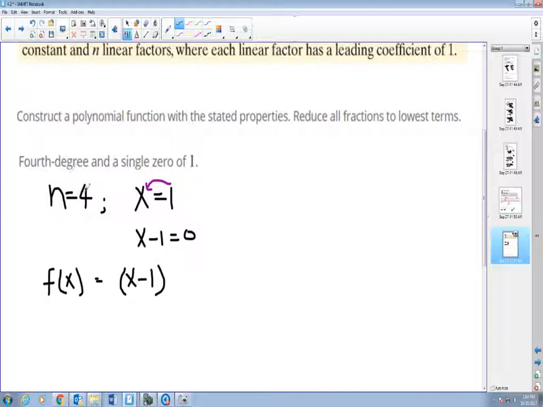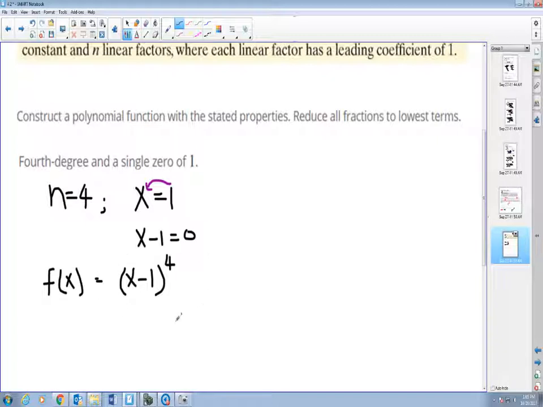Well, my degree is 4. I only got 1 zero. How can I have degree 4 and only 1 zero? Because my multiplicity is even. That's why it only shows 1 zero, because they actually have an even multiplicity. So that means the graph will turn at x equal to 1.